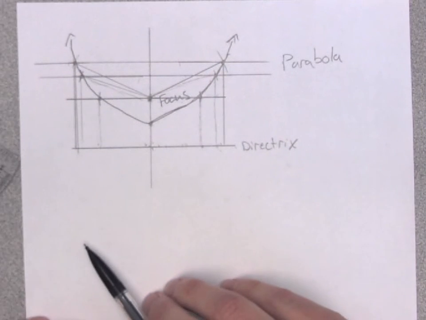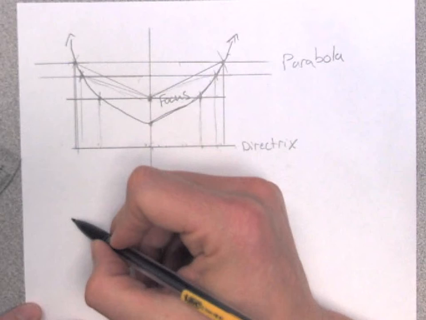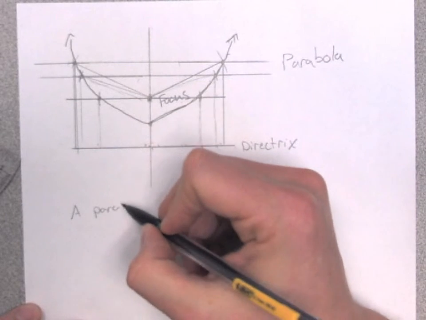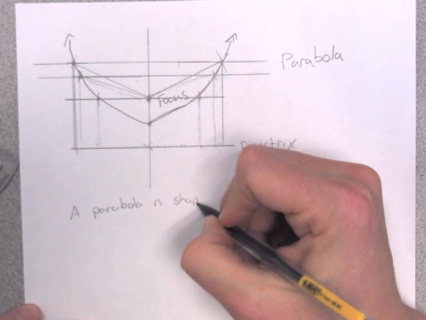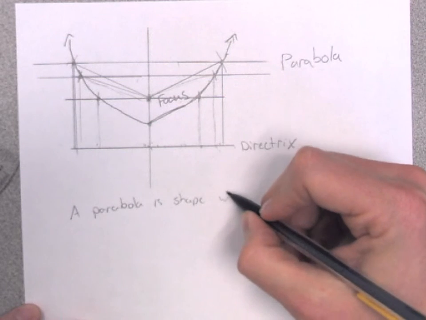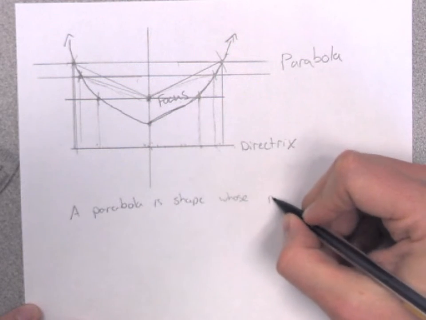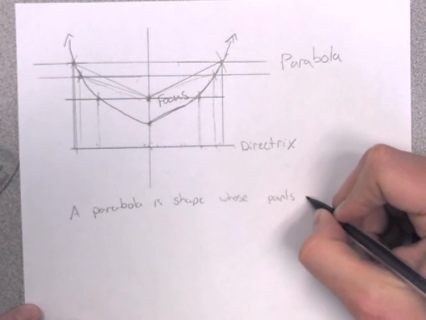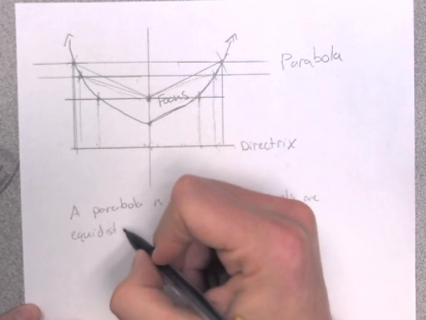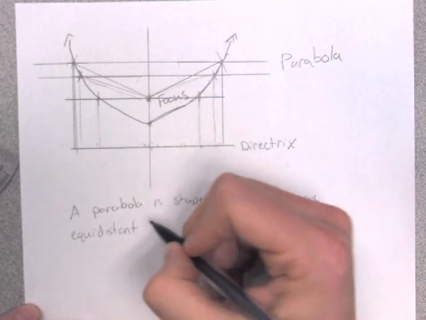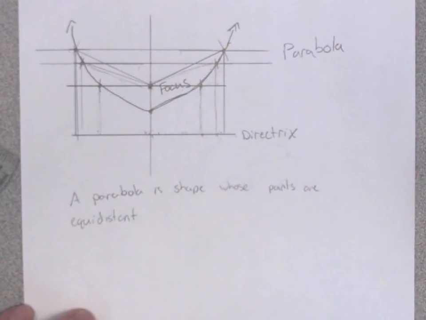So let's write this down. This is going to be the last part for this video. So a parabola is a shape whose points are equidistant. That's a geometry word that means equal distance, right?